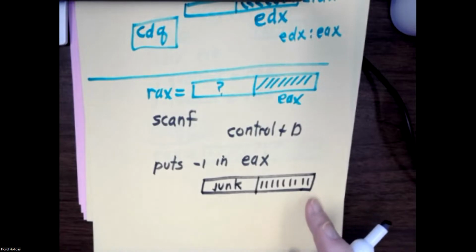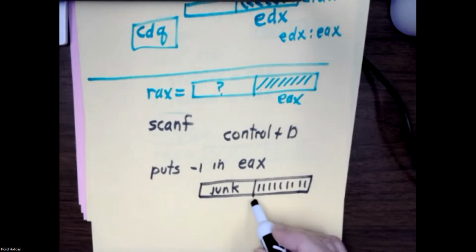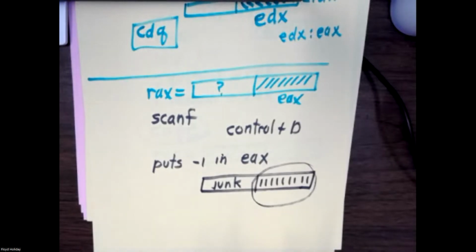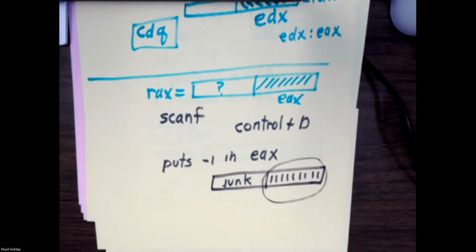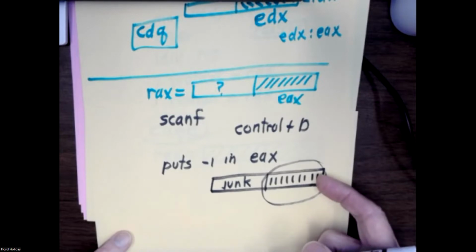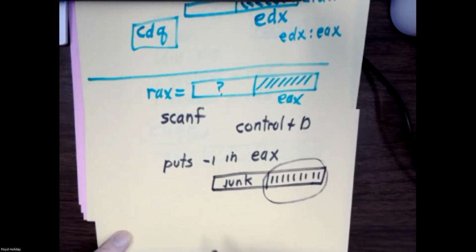Well, you want to be able to test in your source code to see if Control D has been pressed. We want to test this piece over here. Now, my style is I don't want to work with E-type registers because it's kind of in the past history. It's not common in modern assembly. It's common in old assembly. So my style would be, let me just expand this whole number to the whole thing.